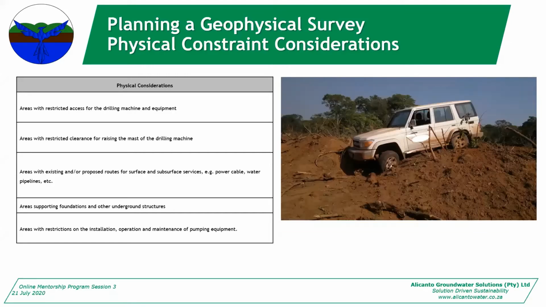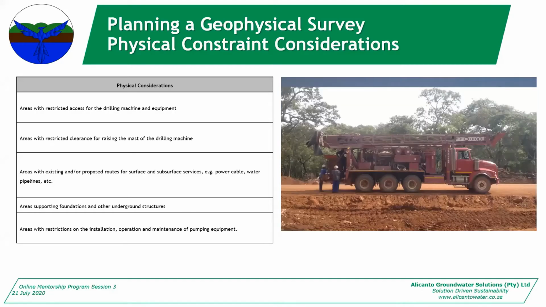Rule of thumb is if the bakkie can't get there, the rig can't get there. Because this is one of the bigger rigs. But I always like to take my vehicle, which is just a 2-wheel drive SUV. And if that can get into the site, then usually the drill rig, which is a 6x4, can get in.